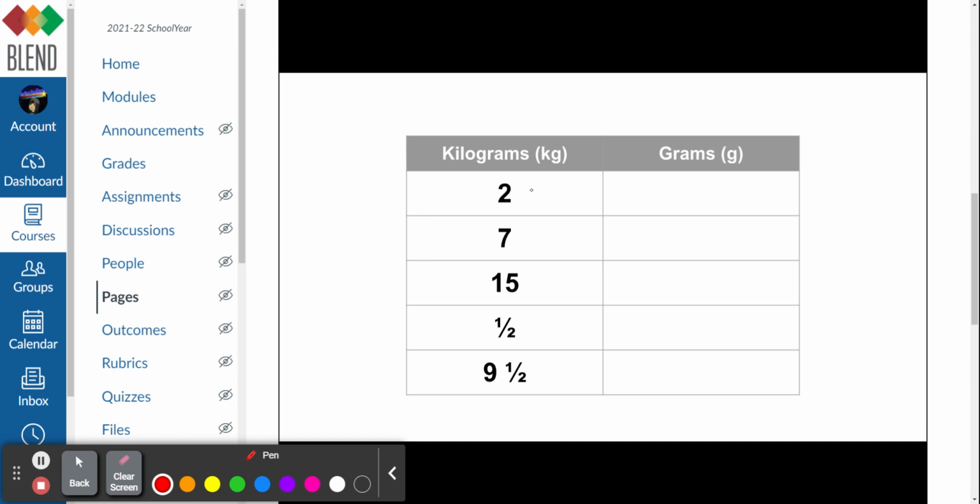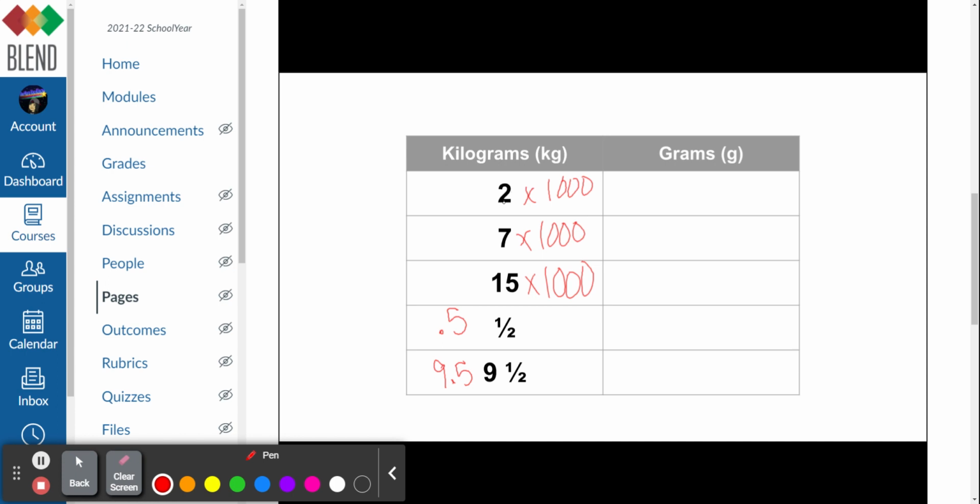Go through here and multiply all these by 1,000. You're going to have to do the zeros trick. Once you get to the fraction ones, you can either think about turning them into decimals and multiplying times 1,000, because that might be a little bit easier. But also, multiplying by decimals with the zeros trick is a little bit different, so I'll show you how to do that in a second.